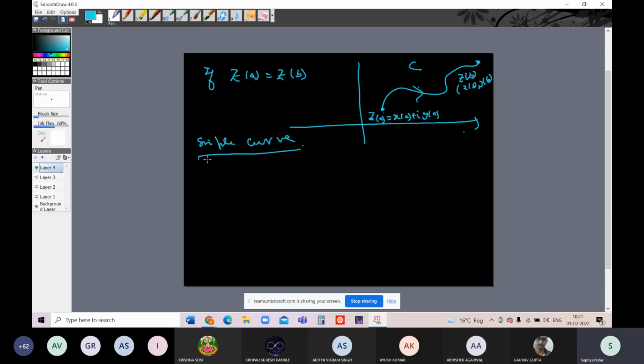Simple curve. A curve C is said to be simple if it does not intersect itself except at the end point.